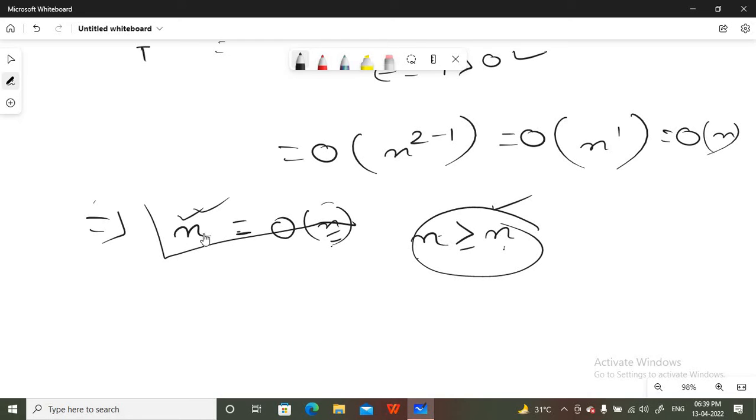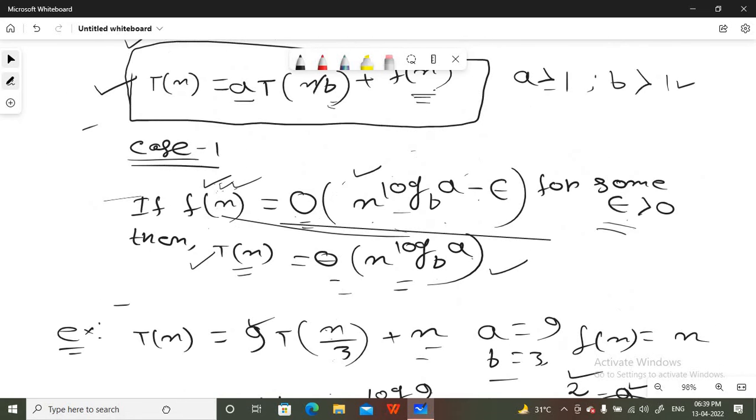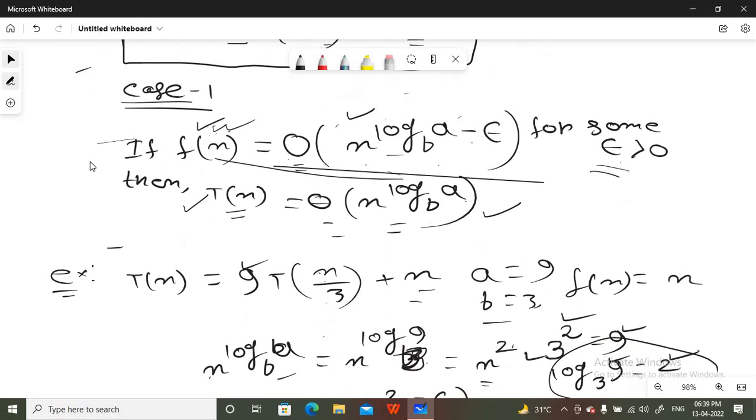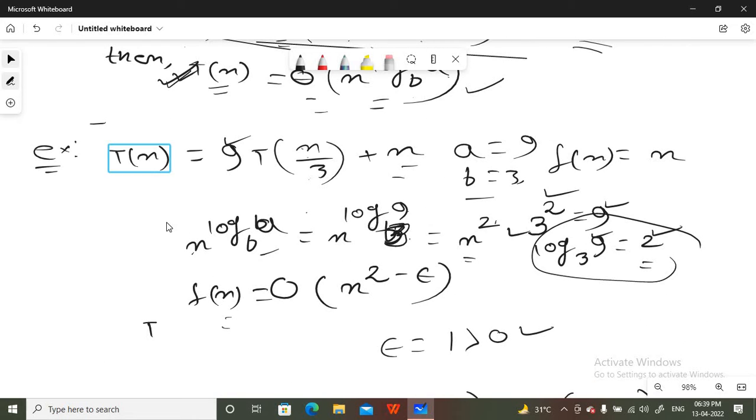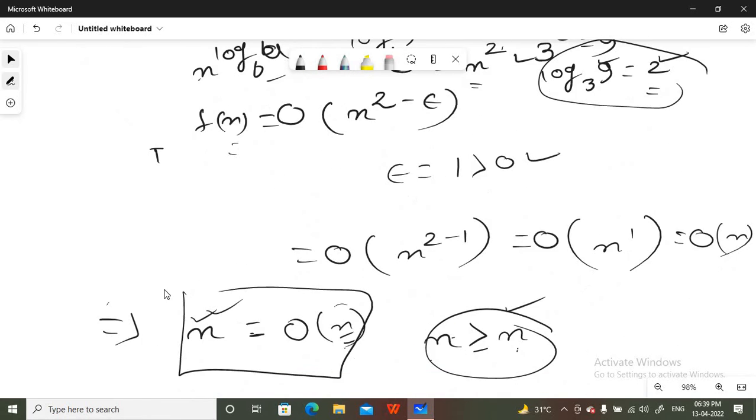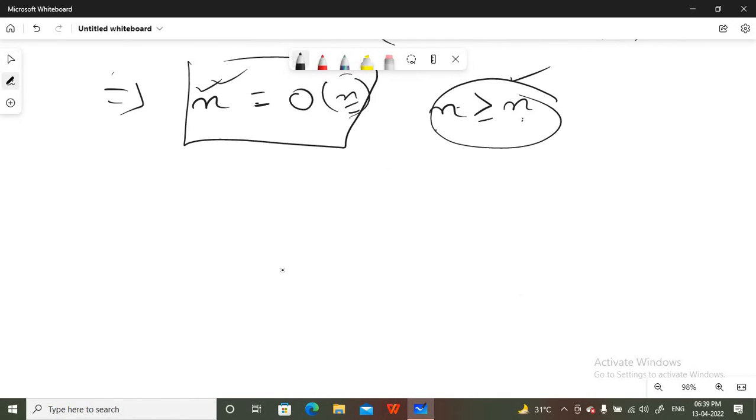So if this condition is satisfying, then I can very easily say that this equation I can also apply. So what is actually our T of n? What is our time complexity?